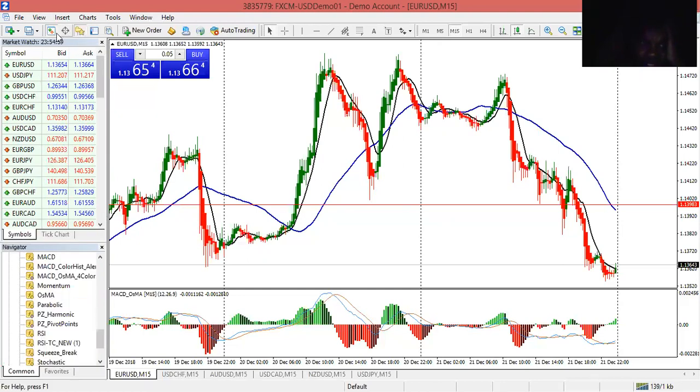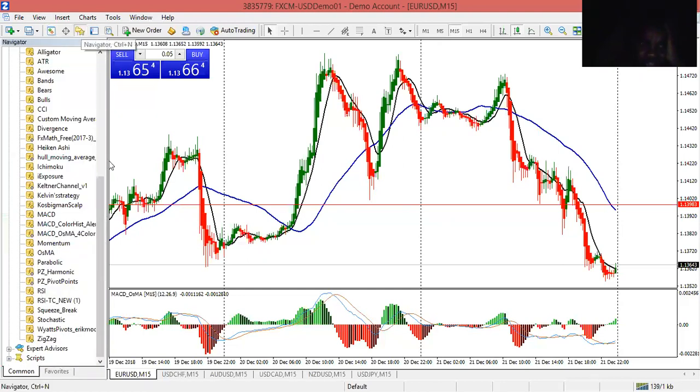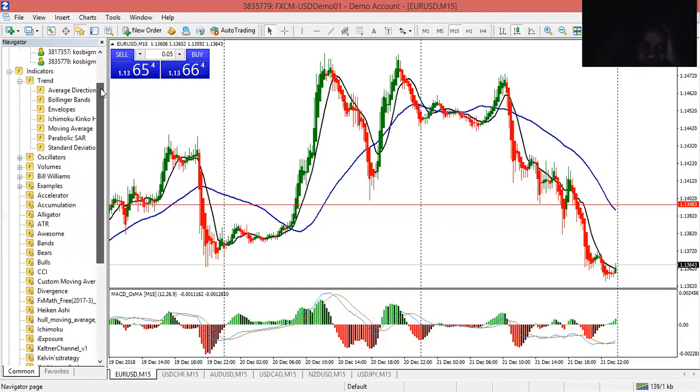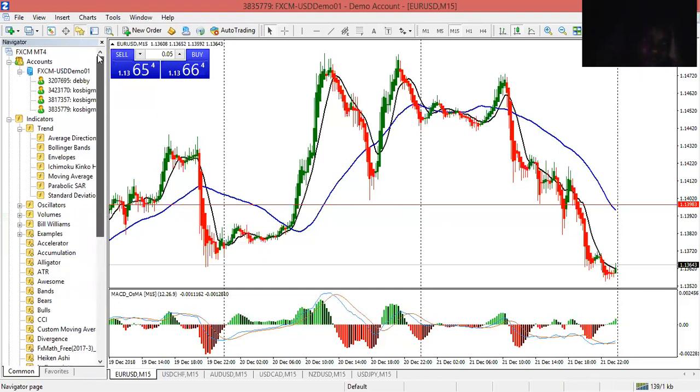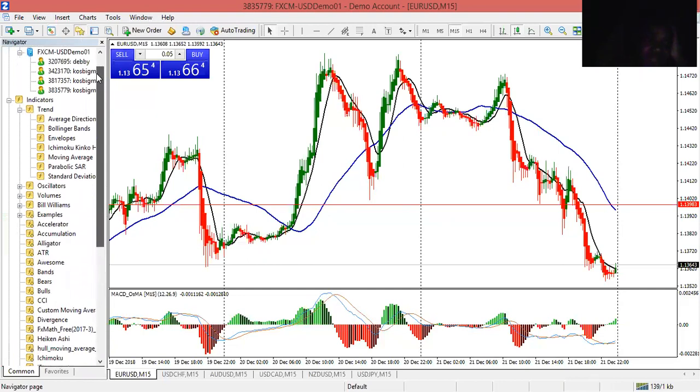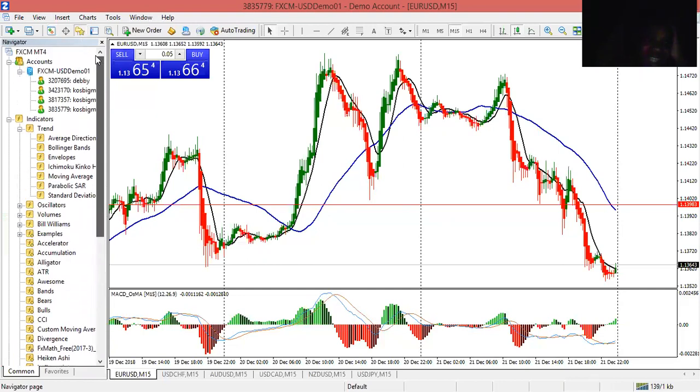Then here you see this one, you call this the navigator. When you click on navigator, this is where you have the indicators. All these indicators came with the MT4 platform by default. Now I need you to understand something. We have custom indicators, and we also have indicators that can be paid for.